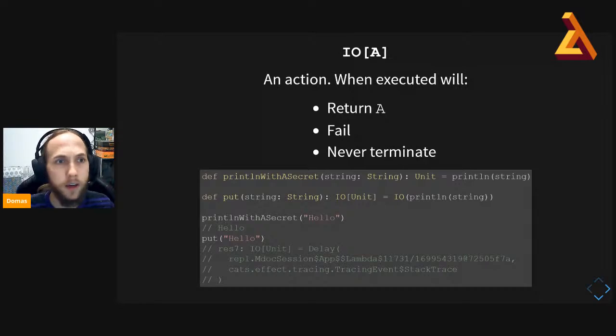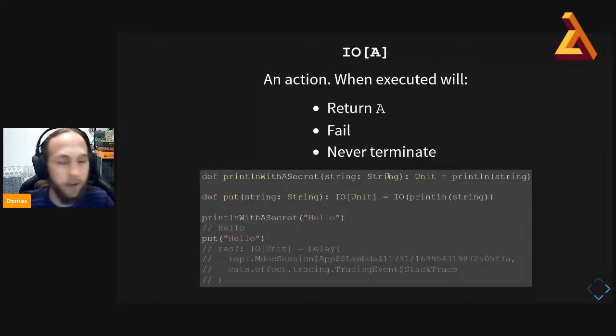So IO of A is an effect that I like to call an action. What this means is, if I have an IO of A, that IO can be executed such that either a value of type A will be returned once that action is finished, the computation will fail, or the computation will just never terminate. And this similarly makes this implicit knowledge explicit to us.